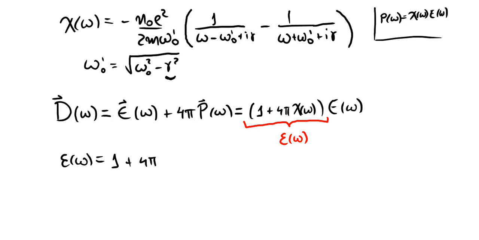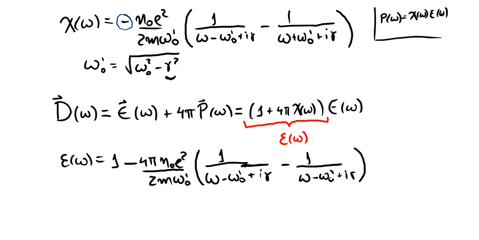Actually there is a minus here because there is a minus sign, so let's correct this. I would write minus 4 pi n0 e squared over this. And now I'm going to write this term the same as I did before. Some people redefine this in another way. They put all these terms together and call this the omega PL, or plasma frequency squared.